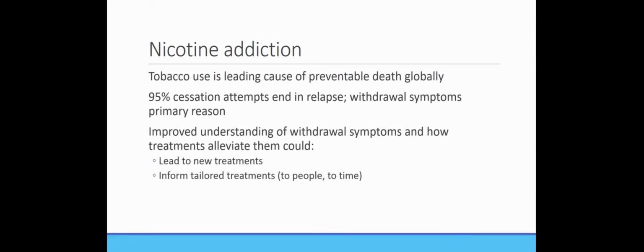So we argued that an improved understanding of withdrawal symptoms and how treatments can alleviate them, and of course, the dynamic process of withdrawal, might lead to new treatments or inform tailored treatments, tailored to individuals with certain characteristics, as well as to certain times in their quit attempt.